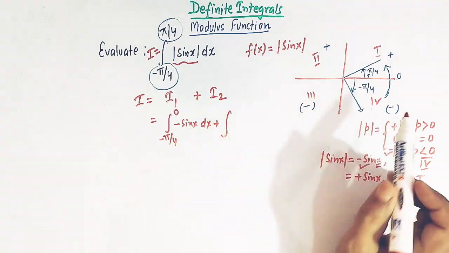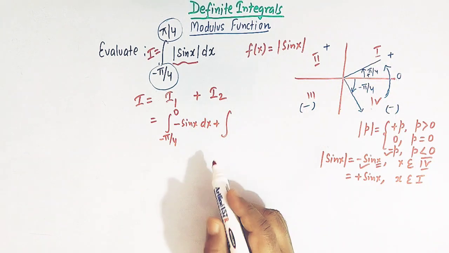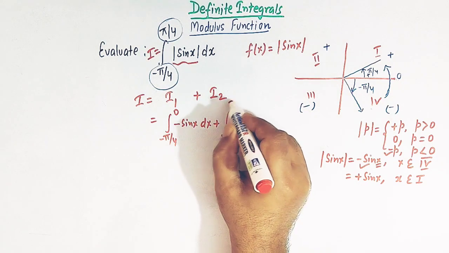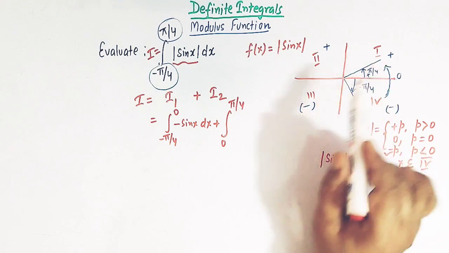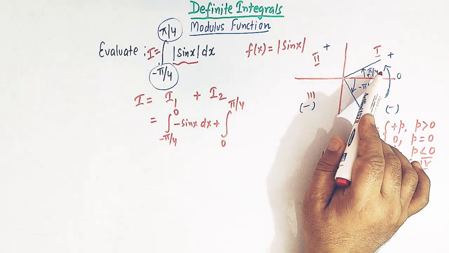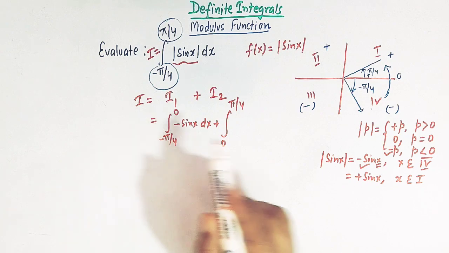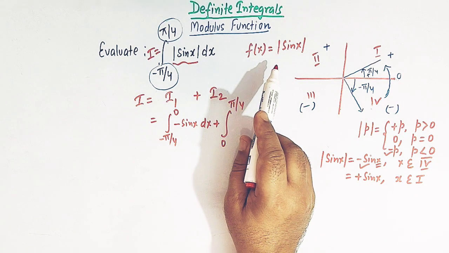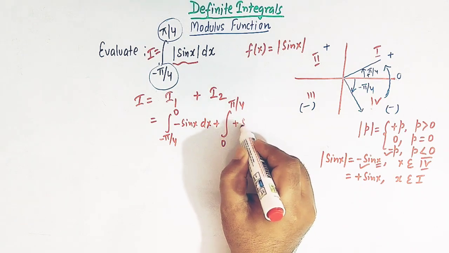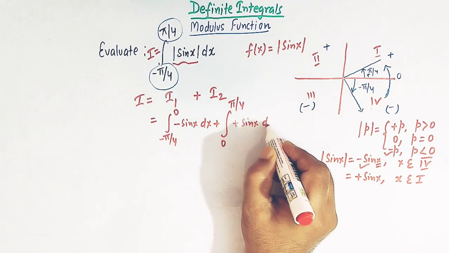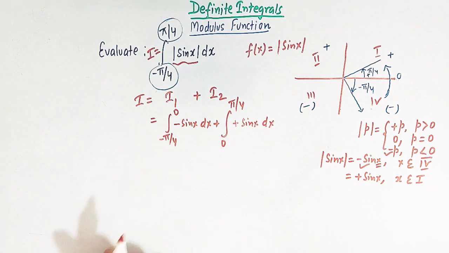Then we go from 0 to pi by 4, which is in the first quadrant, where sine x is positive, so mod of sine x is positive sine x. Now we have these two integrals to evaluate.